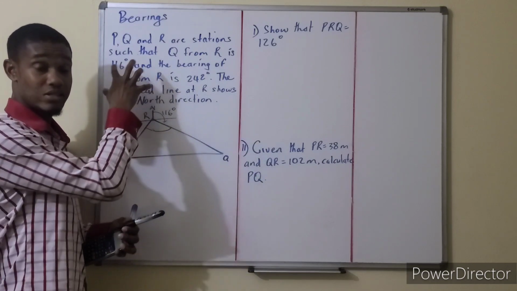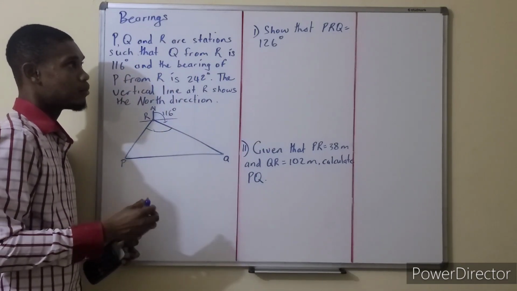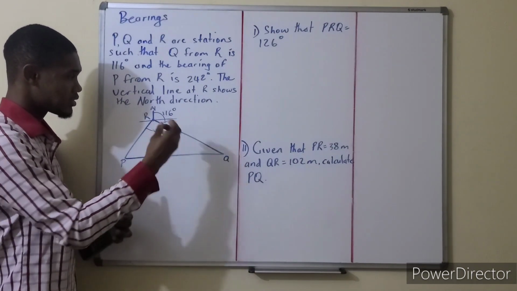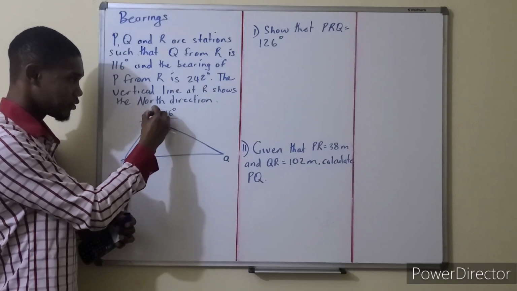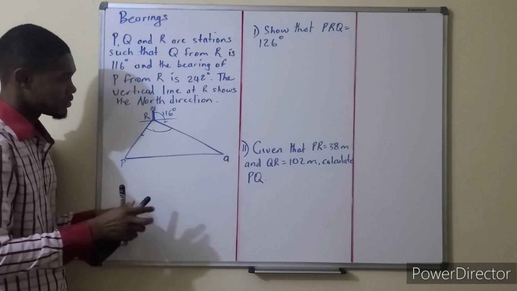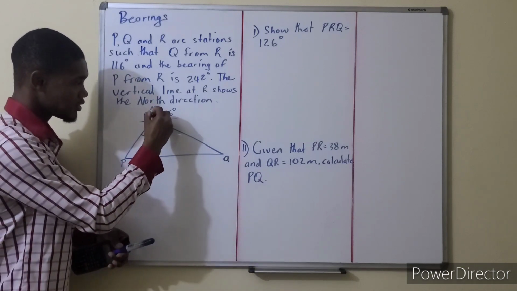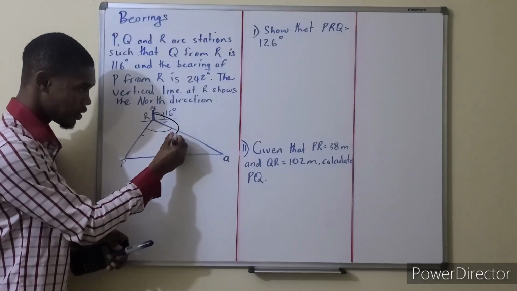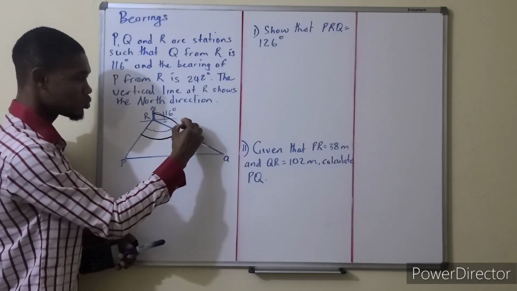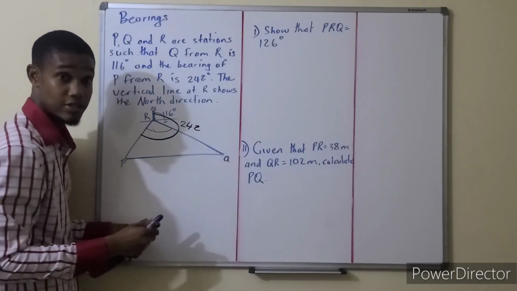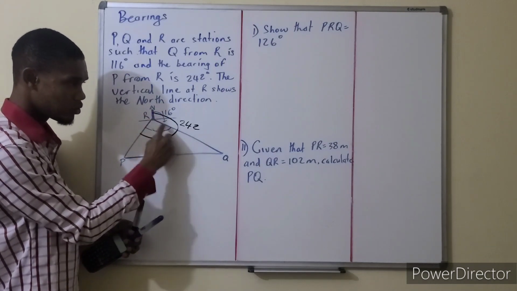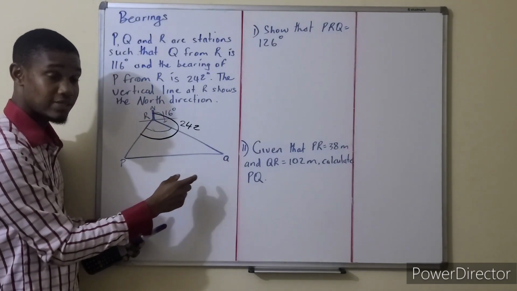So based on the question, they are telling you that moving from this north line here all the way around to this line, let me see if I can use my black marker, moving from that point all the way around, that's 242 degrees. And then it's telling you that from R to this line here is 116.